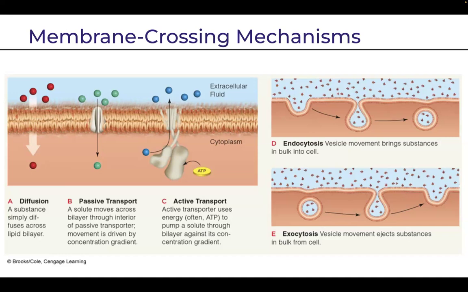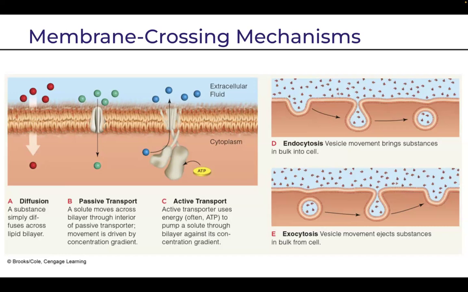In active transport, you actually use energy to move the substance. Let's say you have a salt ion, like potassium. You have a lot of potassium on one side than the other, but you want to create what we call a potential gradient. So you want to force it to go from low to high. Remember, ions tend to want to go from high to low.